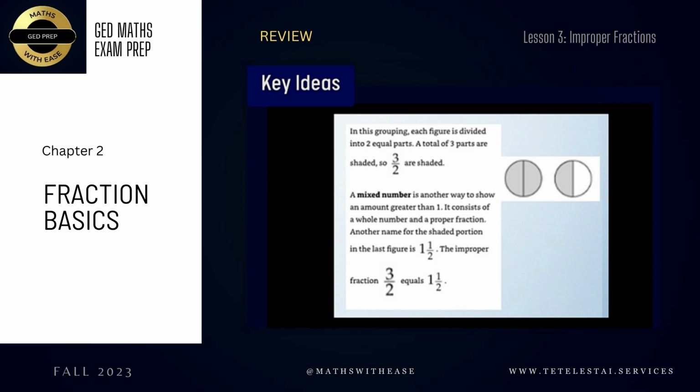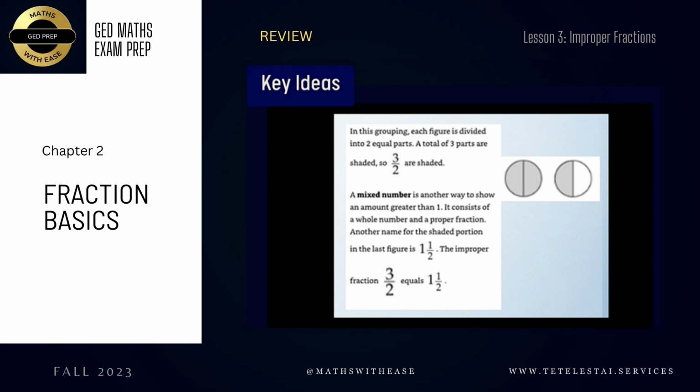Okay, and if it helps, you can visualize this improper fraction, because essentially we're just saying that we have one whole circle that's shaded in gray, and then we have another circle with only half of it shaded in gray. And so that's why these two fractions are representing the same quantity.